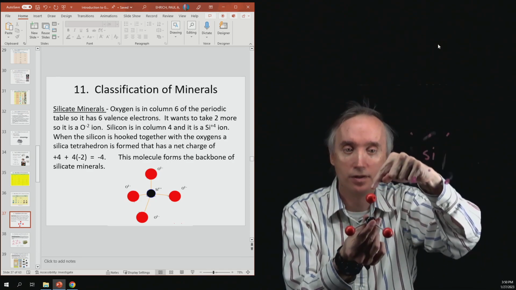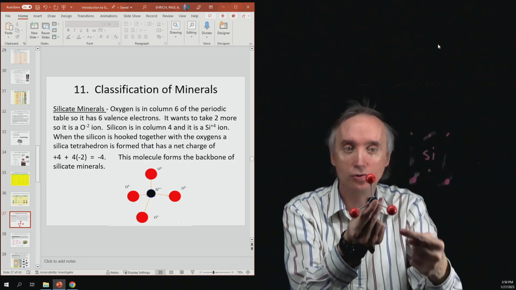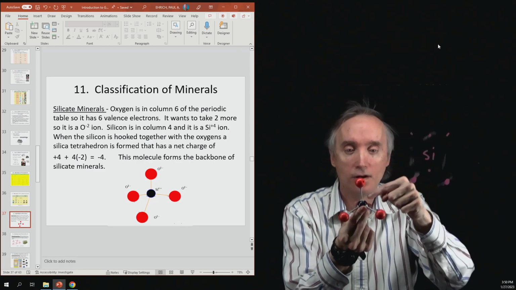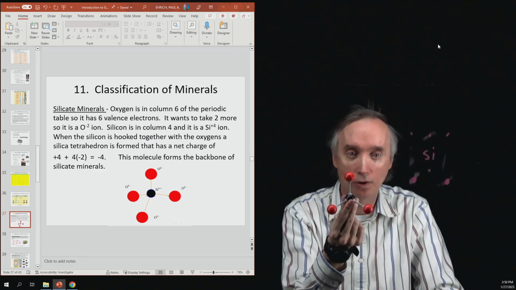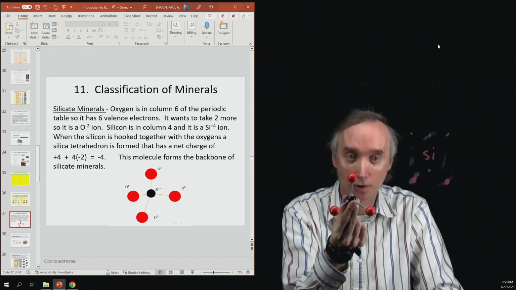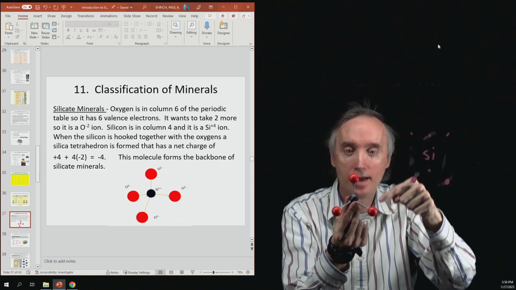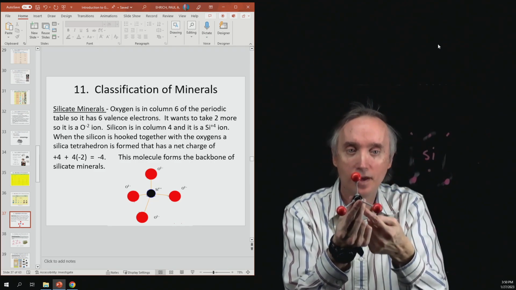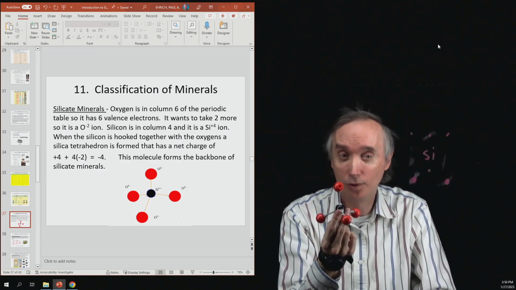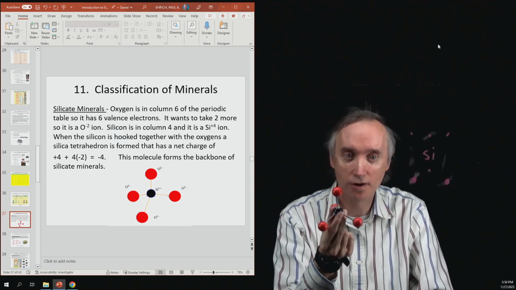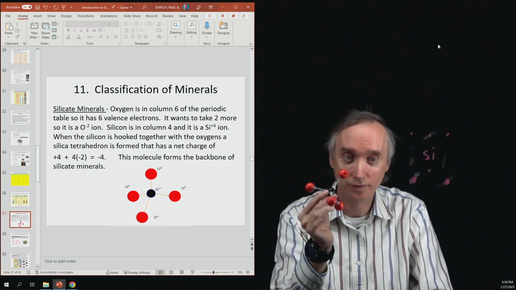Each one of these would be a -2 if they were ionized. Now the silicon, on the other hand, is a +4. So when you add +4 and -8, you end up with a -4. So that's the charge on this thing.